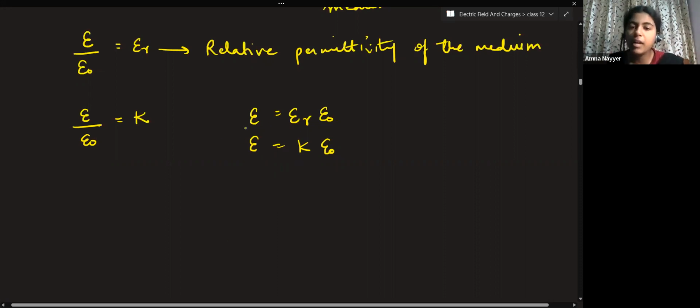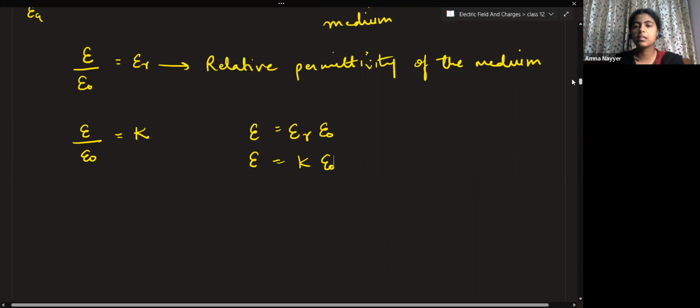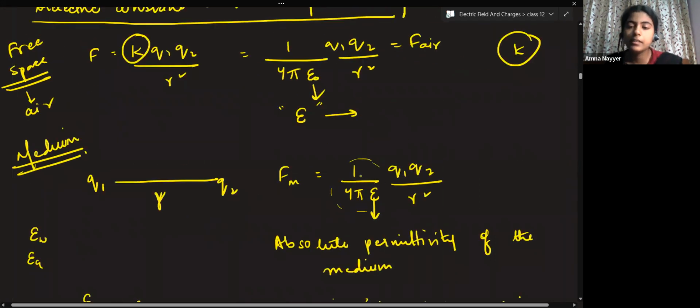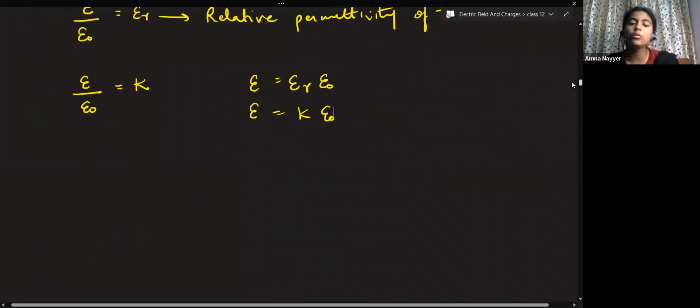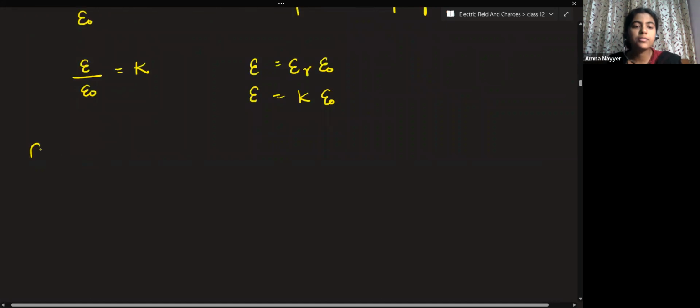Now see, if you have the value of epsilon with you and you wish to relate it to epsilon naught, like in the previous part, here let's say we want to calculate F in medium. So force in medium is given by 1 by 4 pi epsilon q1 q2 by r square.